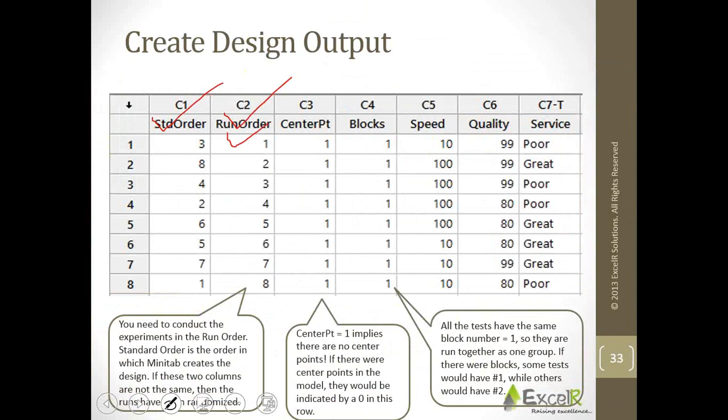Conduct this first experiment with speed 10 kilometers per hour, quality is 99, and poor service. And then you'll have to do second experiment, third experiment, fourth, and so on. So this run order is the order in which you have to perform the experiments.